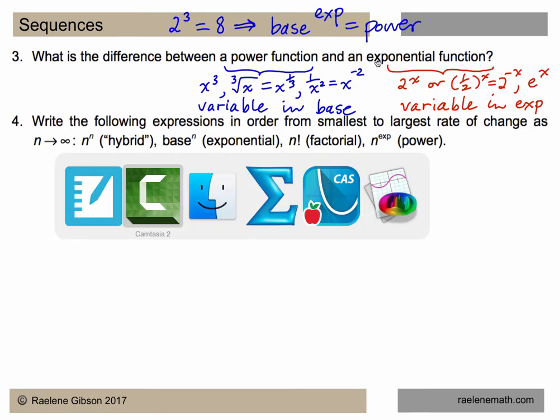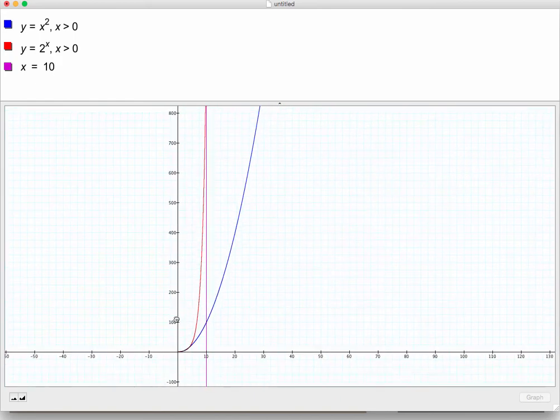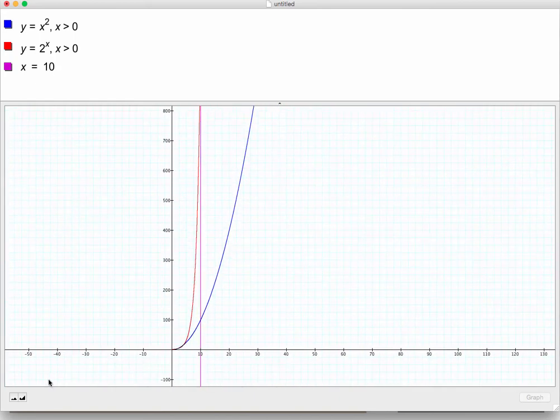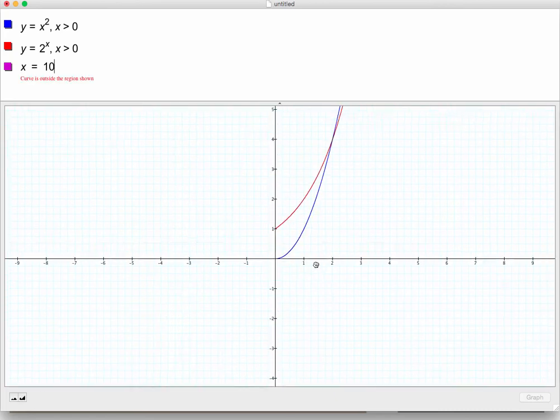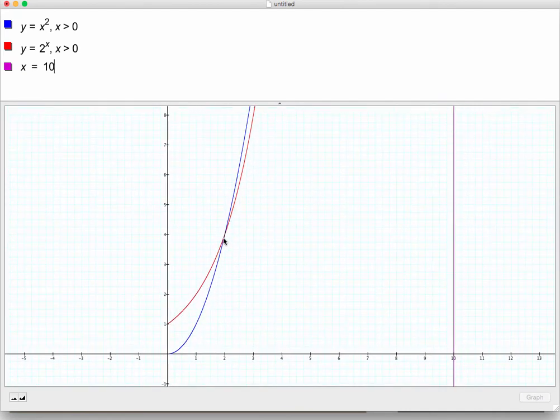If we take a look at an example, we can look at x squared versus 2 to the x. We see that if we zoom back to a standard zoom window, the blue function is initially lower than the red function, but at some intersection point they meet up, and then the blue function, the parabola, the power function, takes over.